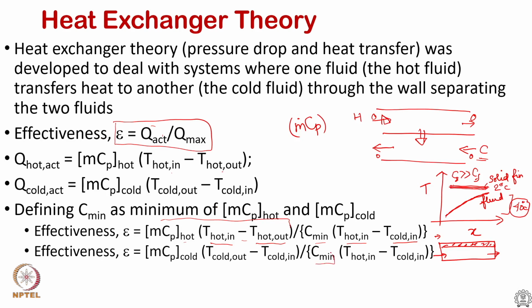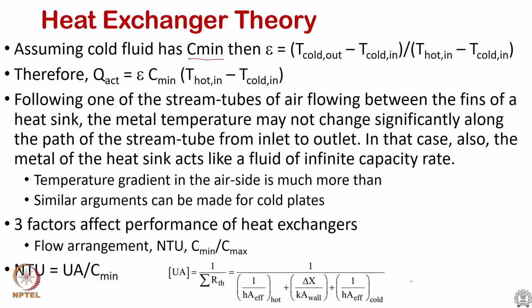essentially C min is the same as the MCP of the cold fluid, and with that we get T cold out minus T cold in divided by T hot in minus T cold in.